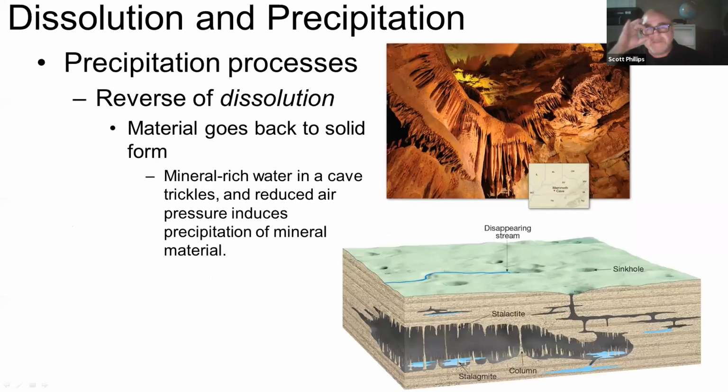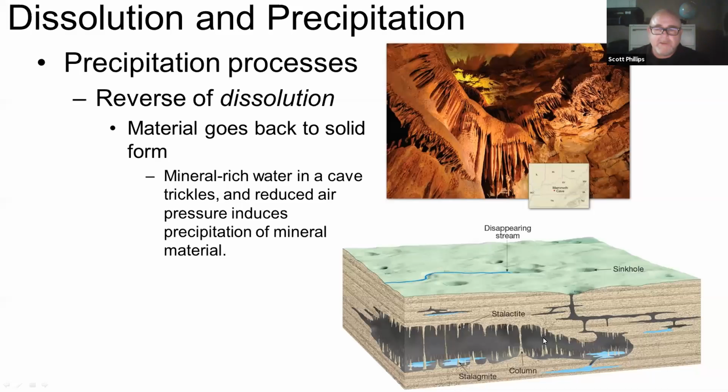Now there is an opposite of that. So just like there is erosion and then deposition, there is an opposite of dissolution. There is precipitation. And precipitation is when material that's been dissolved turns back into solid material. So if you look at a cavern, you have two things going on here.